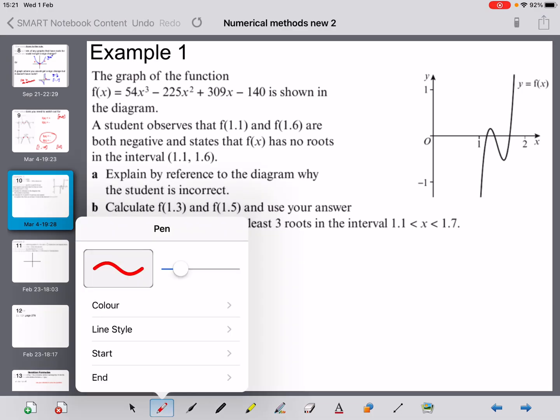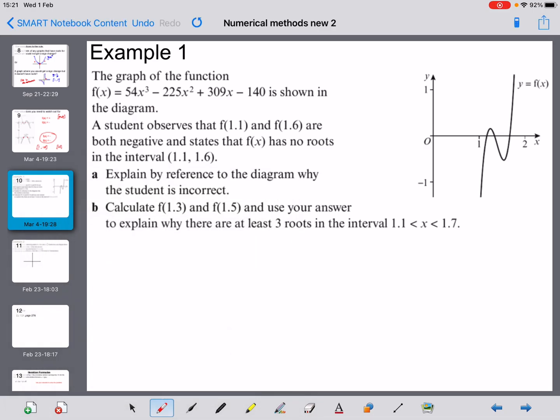Okay, but if you look closely, that's about 1.3 there, and that's about 1.6 there-ish. There's actually 3 roots in the interval, so they've made the wrong conclusion. So that's with reference to the diagram.